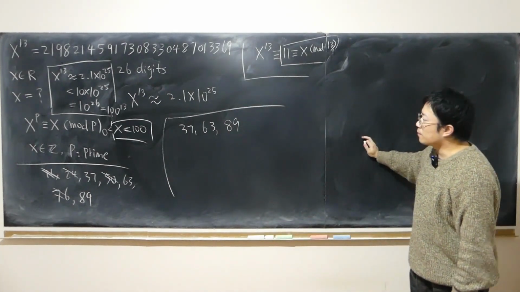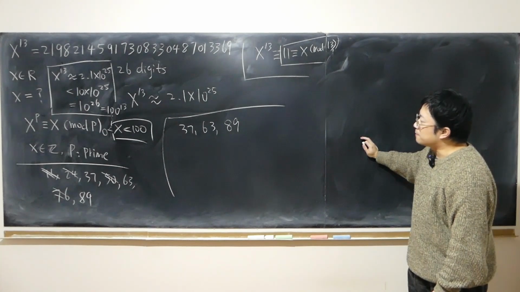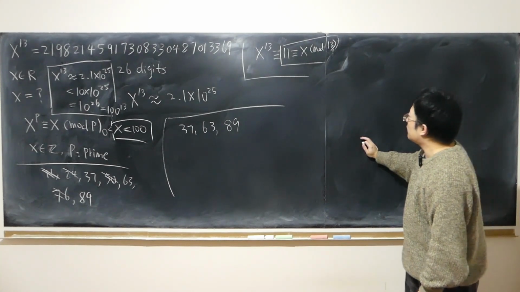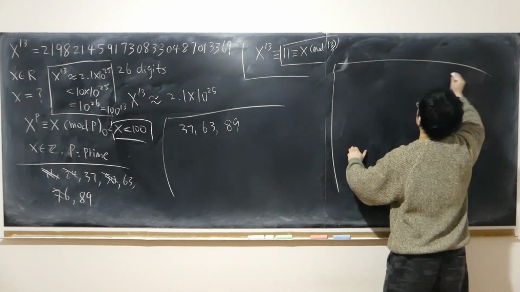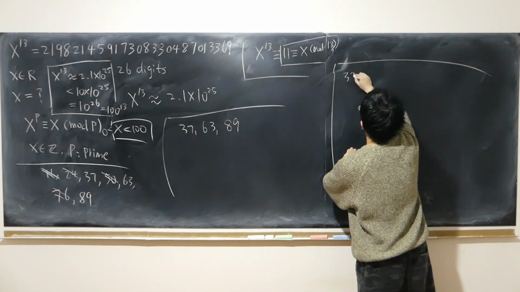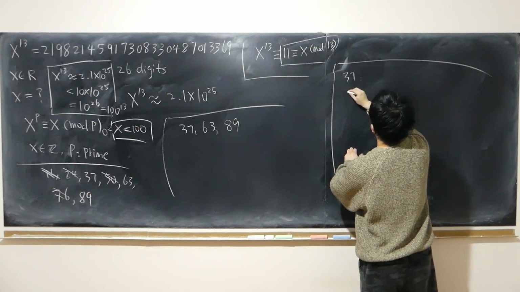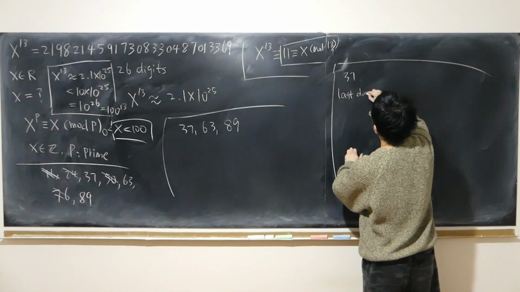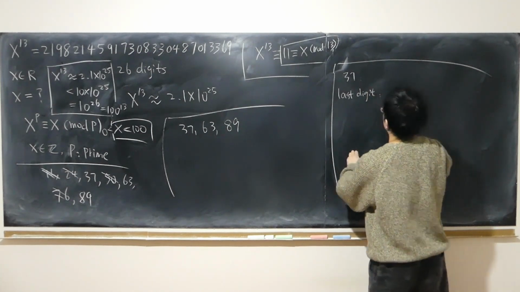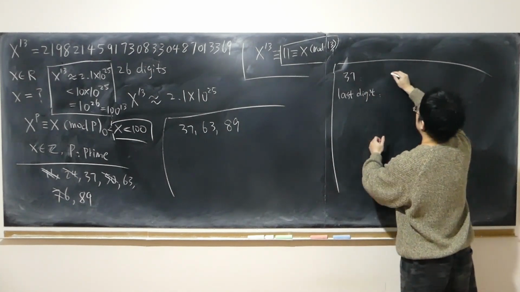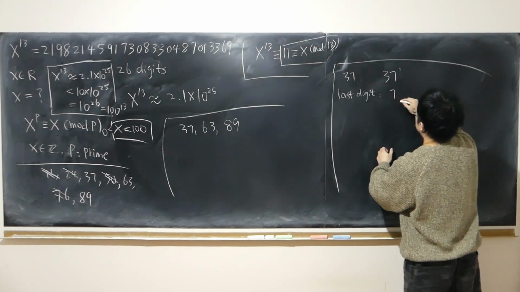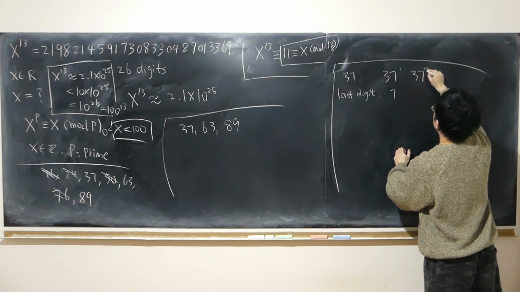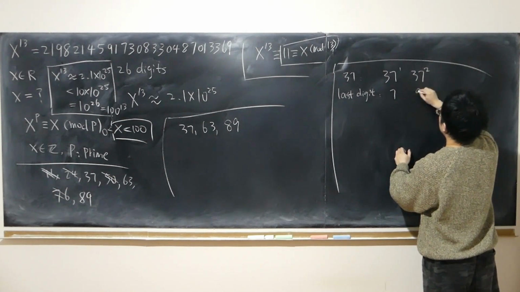Right? So let's further analyze. For 37, I want to have a look at its last digit after being raised to different powers. Raised to the power of 1, the last digit is 7. Raised to the power of 2, the last digit is 9.